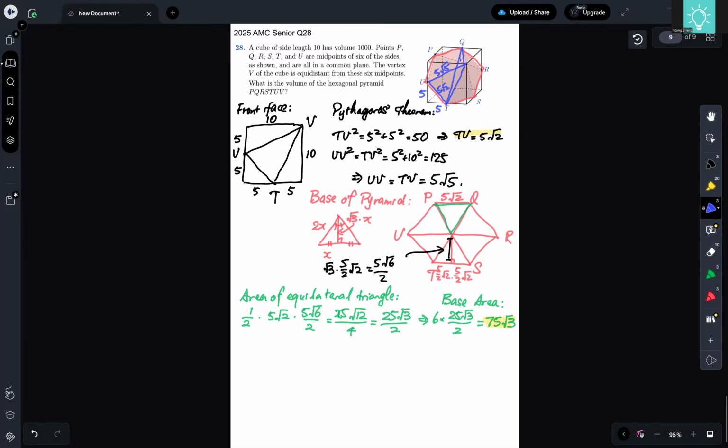So, what is QVT? This triangle here. We know that QV and VT are the same thing as UV, which is 5 square root of 5. So these two lengths are 5 square root of 5. And then we know the height of this. Let's call that H. The height of that triangle is equal to the height of the pyramid. But what is QT? We don't know what QT is. How do we work that out?